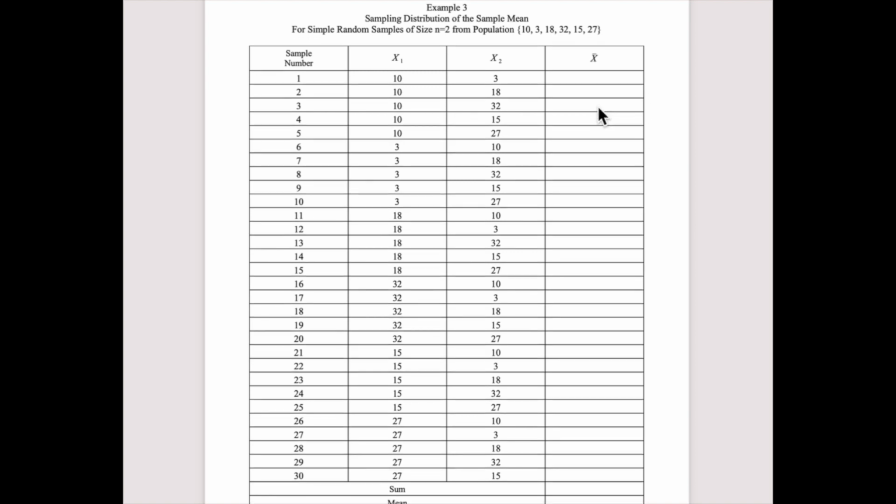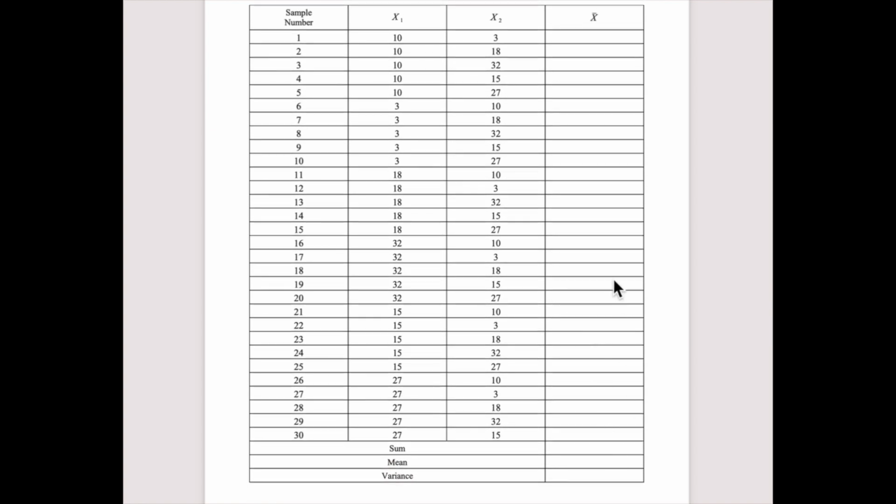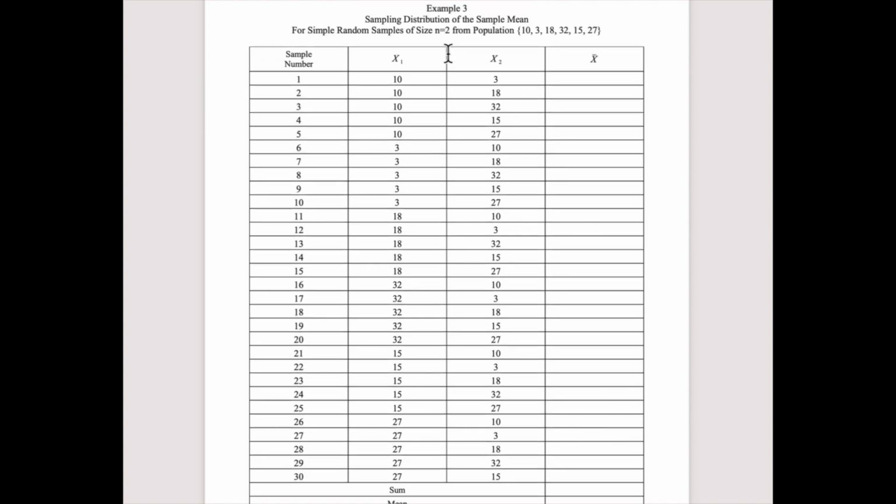We calculate the sample mean for each of the 30 samples, and then we can calculate the mean and the variance of this list of values, and that will give us the mean and the variance for the sampling distribution of the sample mean for samples of size little n equal to 2, where we're performing simple random sampling.